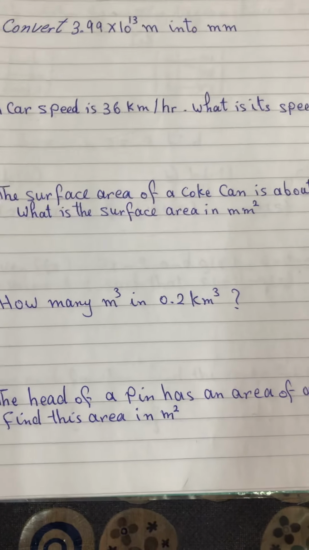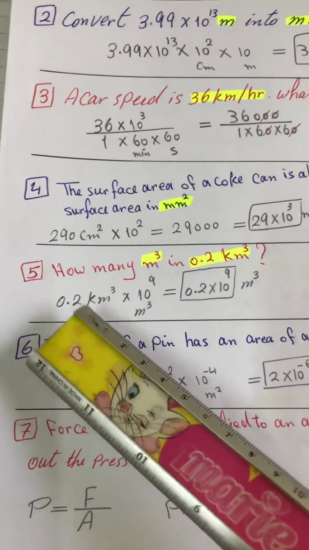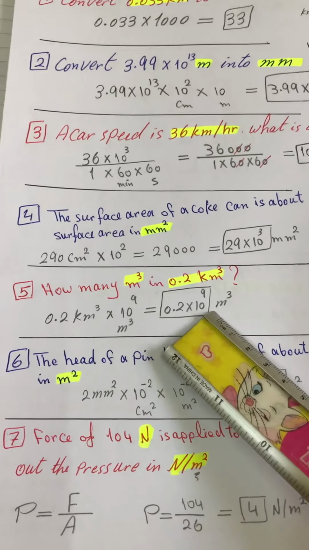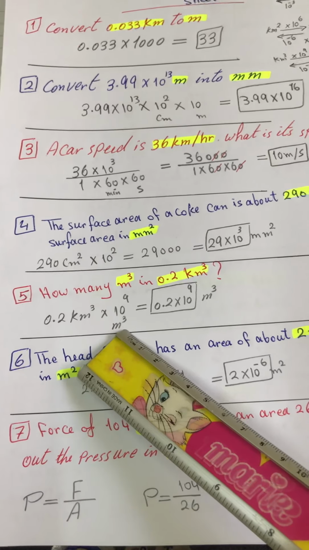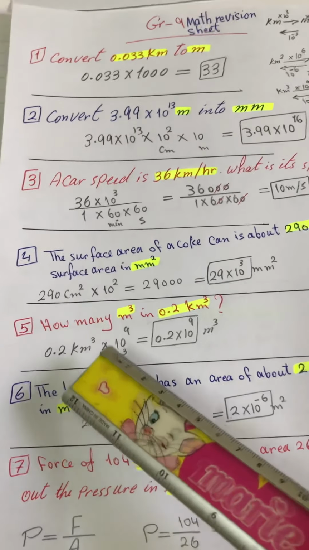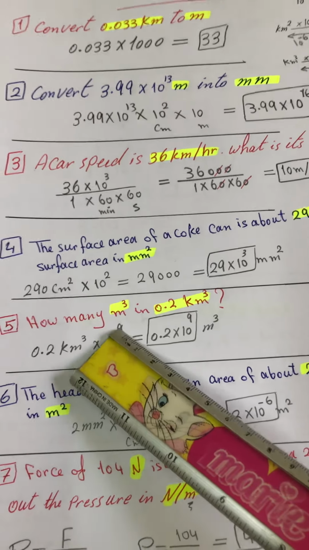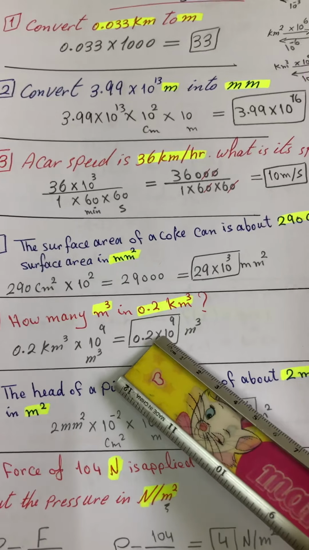So you will multiply by 10 power 9, like this. From kilometer cubed to meter cubed, I'll multiply from kilometer to meter, multiply by 1000. So I'll multiply by 1000 times 1000 times 1000, that's to say 10 indices 9. So it will be the same, 0.2 times 10 indices 9.